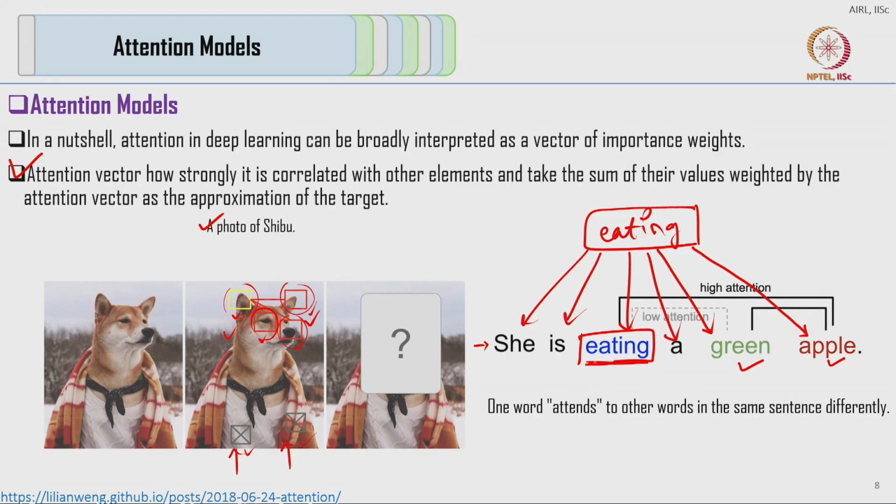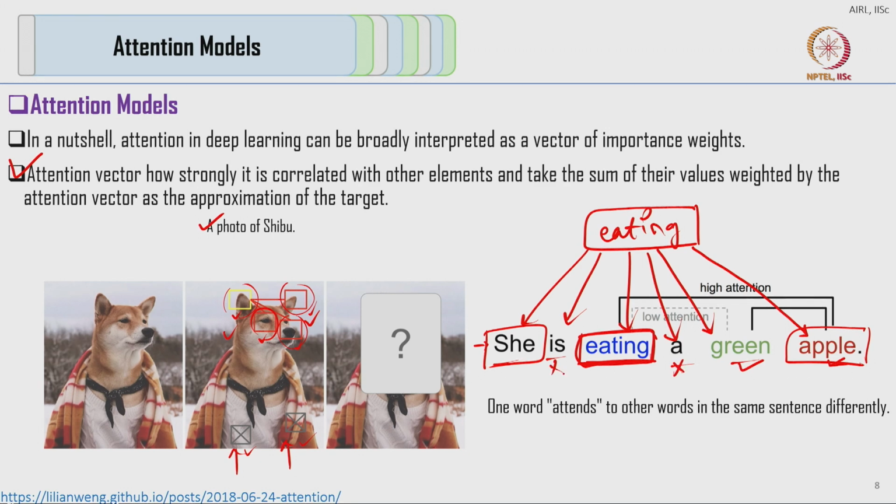Now, when we correlate eating with eating, it is essentially self attention, where we focus more on the word itself. But if we focus on other words, we can understand that based on the question or the context, some words would have a higher priority and some words would not.